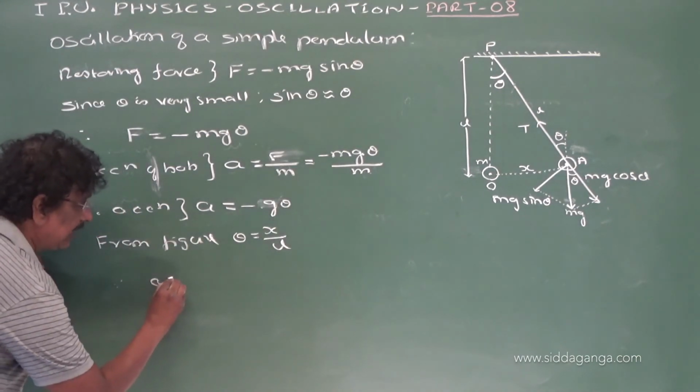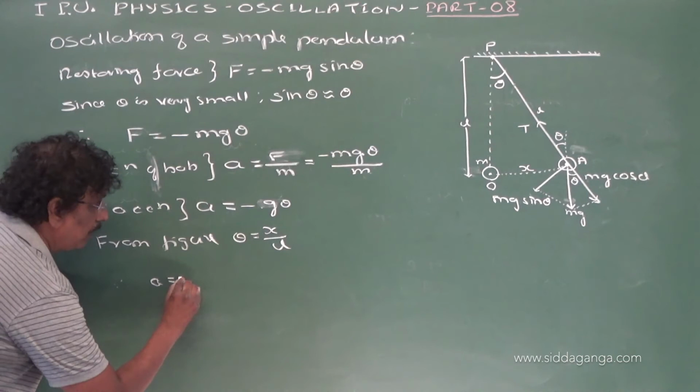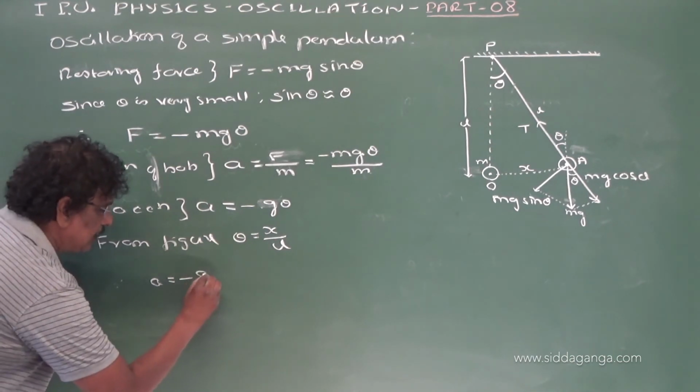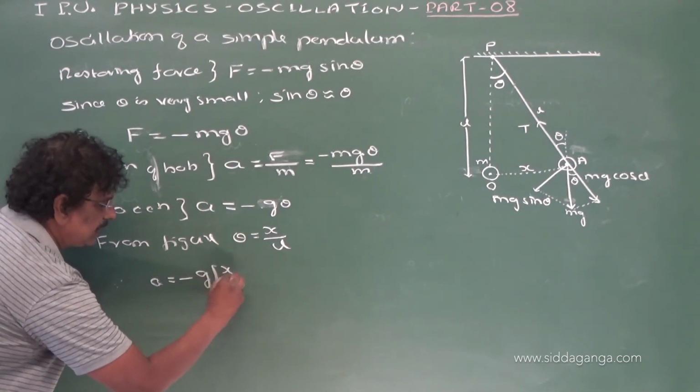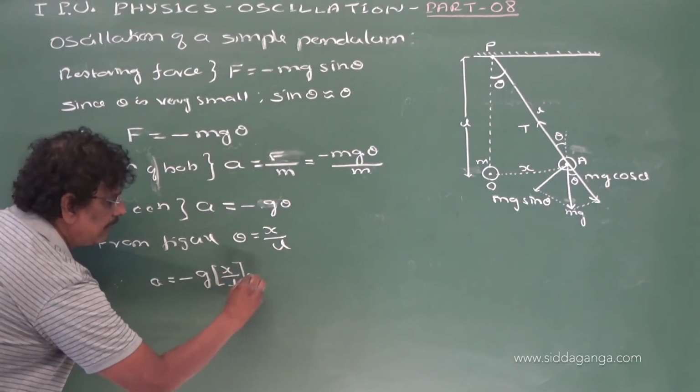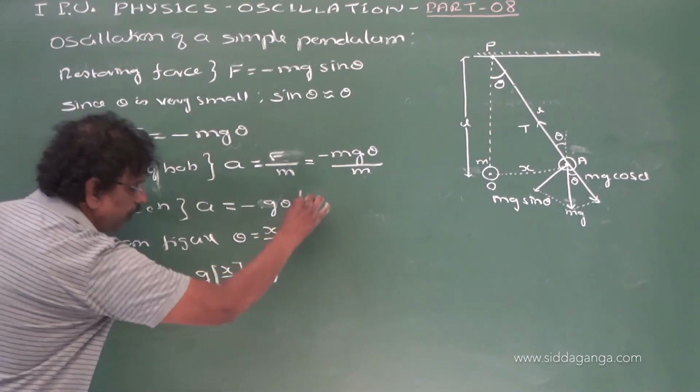Therefore, acceleration A is equal to minus g into theta, that is, x by L. I will take this as equation 1.